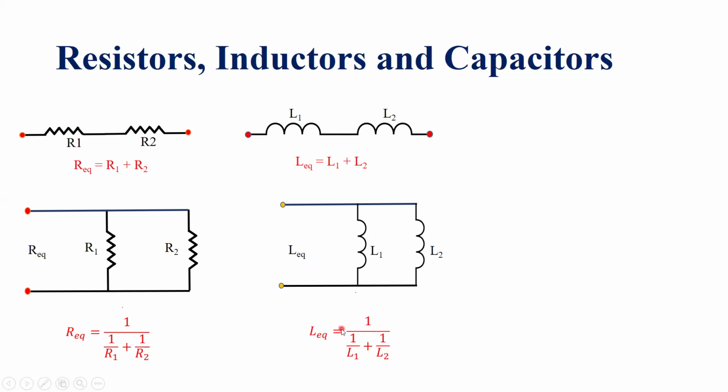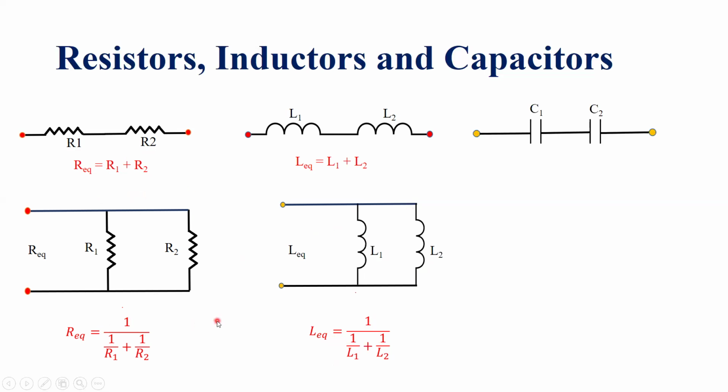If we see this equation as analogous with the resistor equation, R equivalent can be calculated by this equation, and similarly, if two inductors are in parallel, you take the reciprocal of L1 plus the reciprocal of L2. So there is this similarity between how resistors are added up in parallel and series, and how inductors are added up in parallel and series. So there is this analogy.